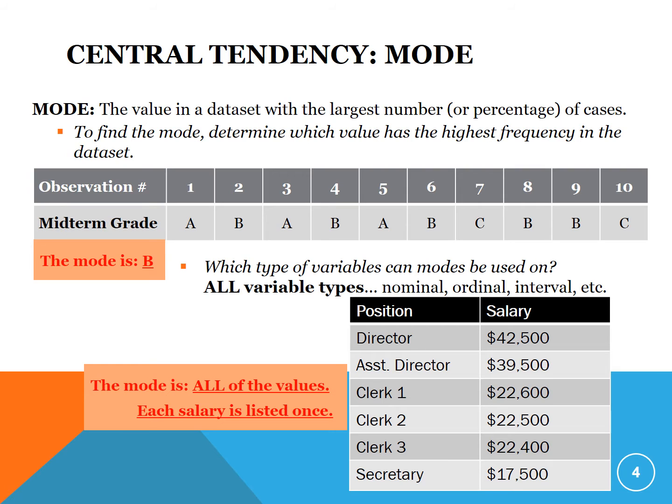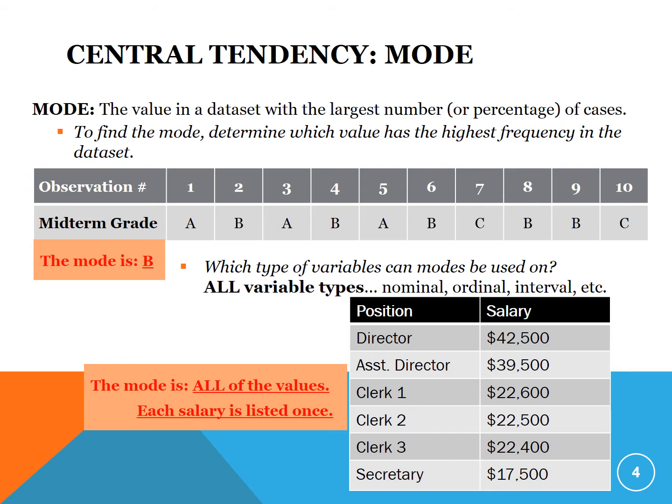So let's backtrack just a little bit, because we know that this variable salary is an interval level variable. Hopefully we can look up at the midterm grade variable, and we can see that it's an ordinal level variable, because there is order to it.